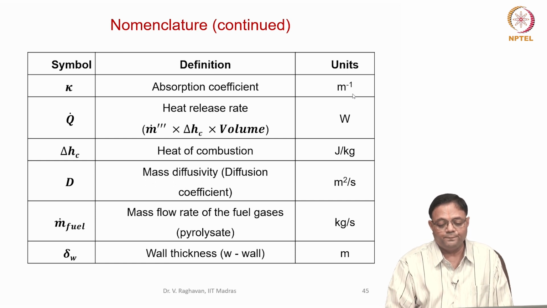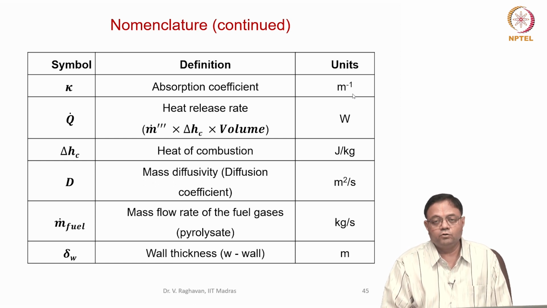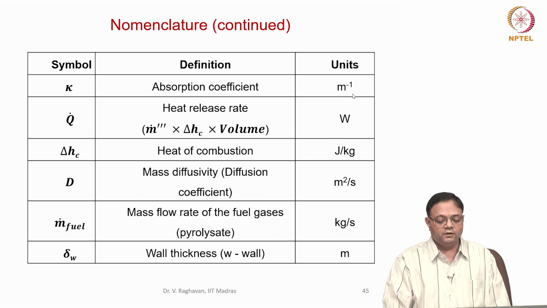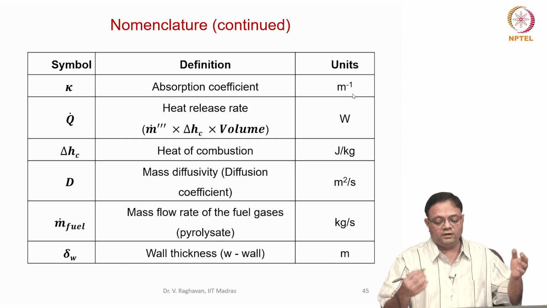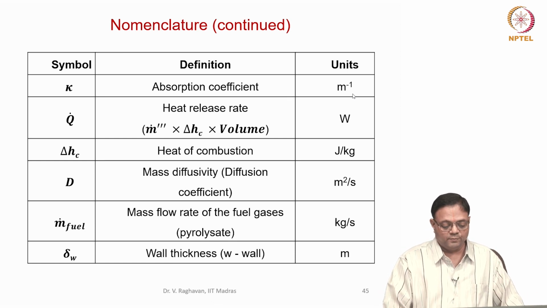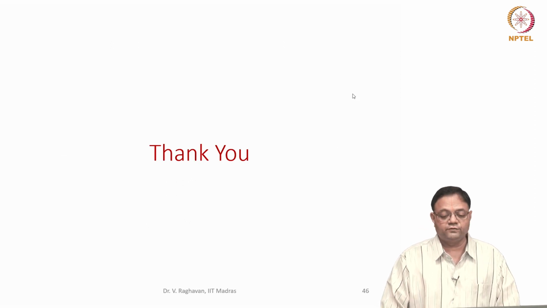Then the heat release rate in watts, the heat of combustion per unit mass in joules per kg, the mass diffusivity or diffusion coefficient in meter squared per second, the mass burning rate of fuel or fire gas in kg per second, then the wall thickness. So this finishes module 1.